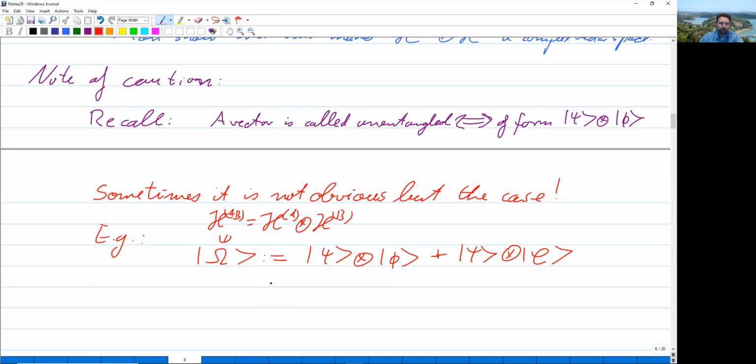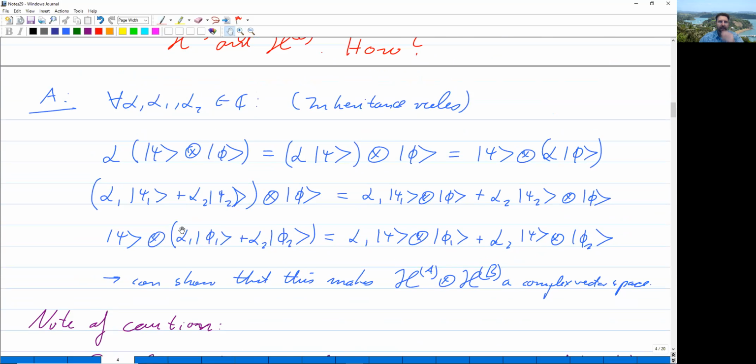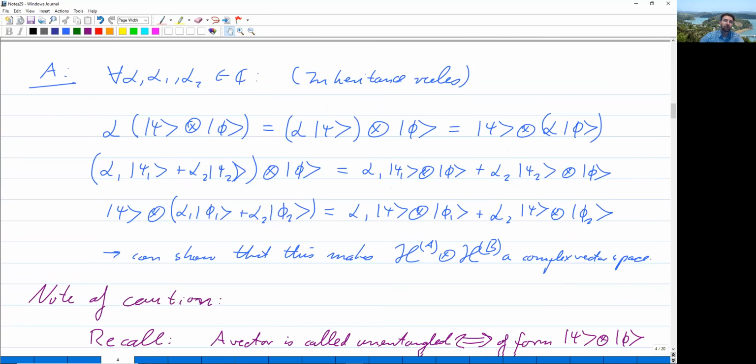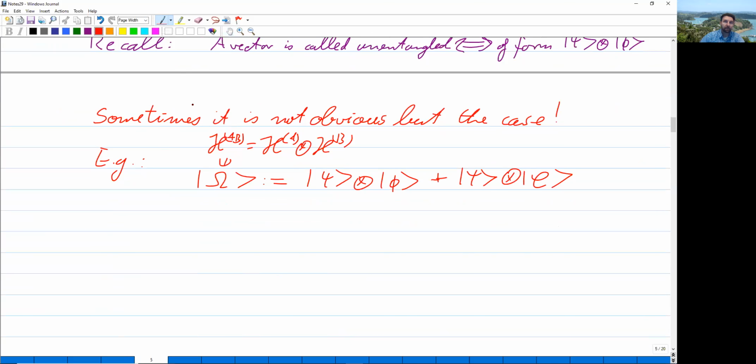And why is that? Well, it's because if you look at the rules that we had up here, in the last rule here, you see that psi tensor phi 1 plus psi tensor phi 2 is psi tensor phi 1 plus phi 2. So that means that because of the linearity, this is equal to psi tensor phi plus varphi. Now this thing can be given another name.